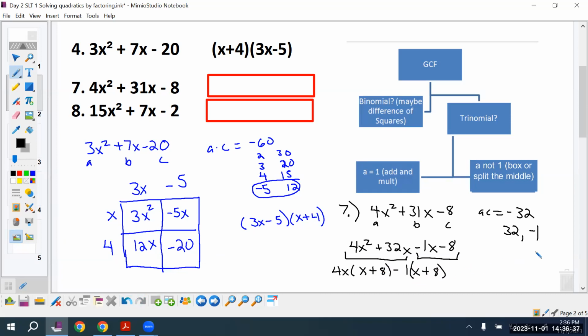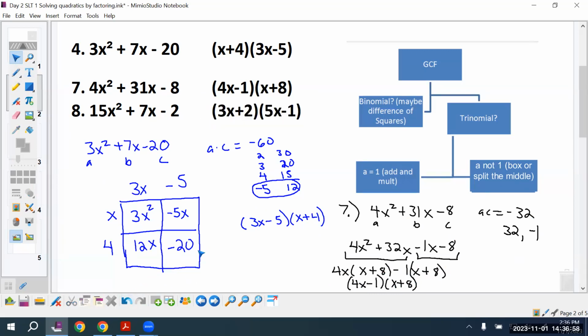So my final solution will be 4x minus 1, x plus 8. At this point, you should pause the video and try number 8 by yourself. Hopefully for number 8, you got 3x plus 2, 5x minus 1. And it is perfectly okay if you have those in a different order.